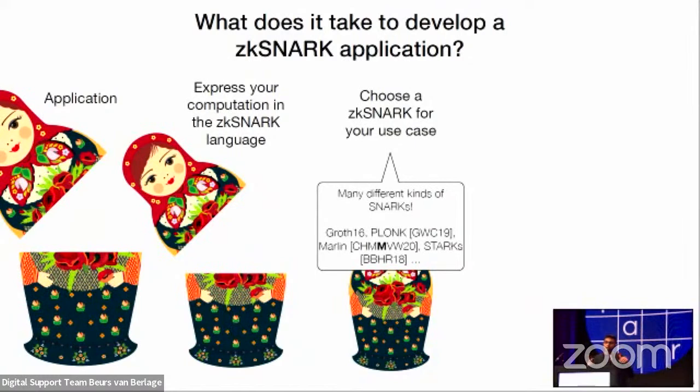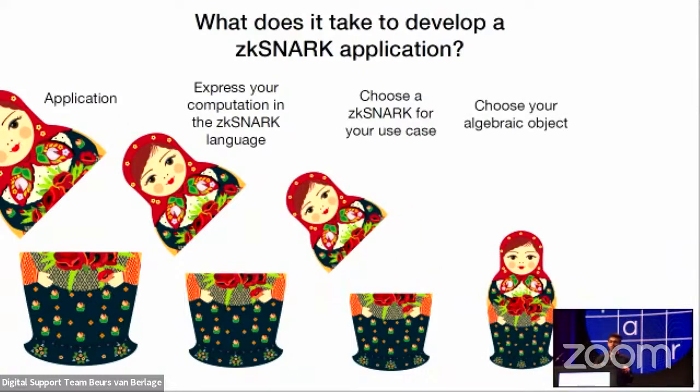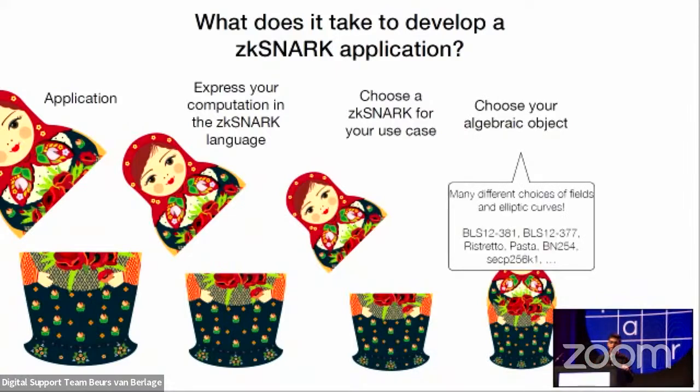Assuming you do that, you're still not done because all of these ZK SNARKs rely on algebraic objects such as finite fields, elliptic curves, pairing-friendly elliptic curves, and more. And again, there's many choices to be made here. So ideally, you have to figure out whether you want a particular finite field or a particular pairing-friendly elliptic curve.